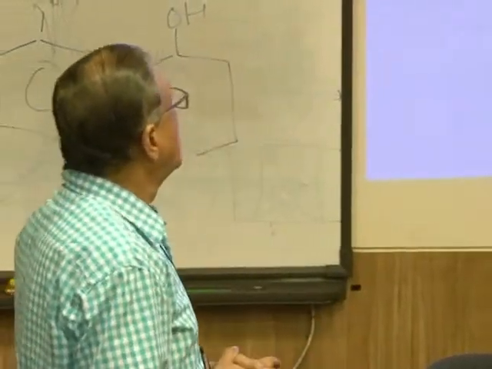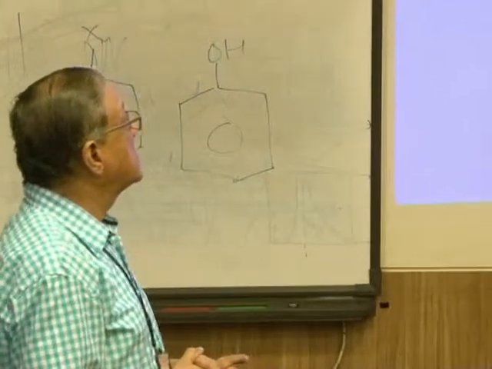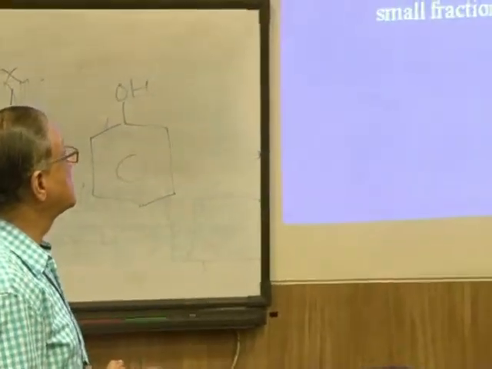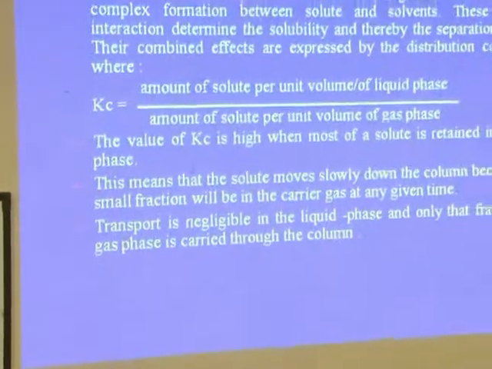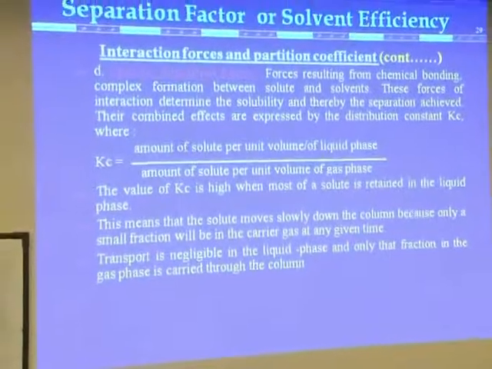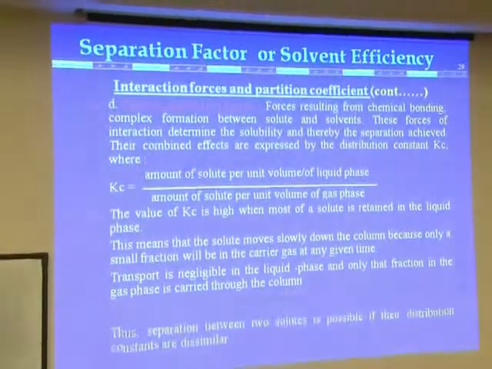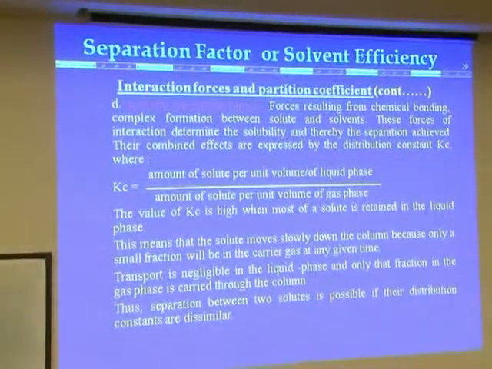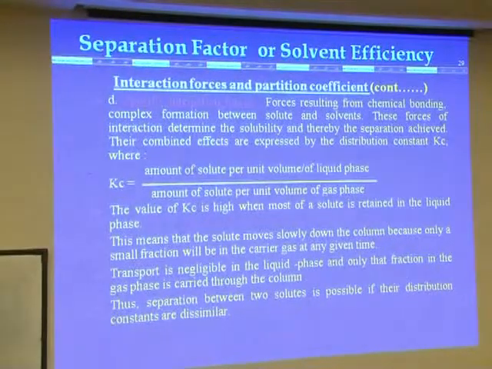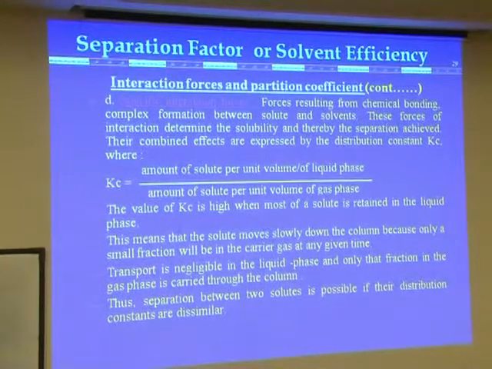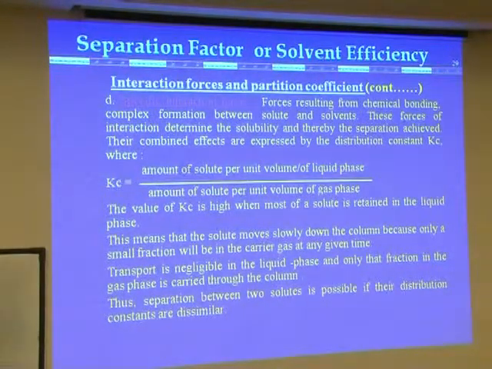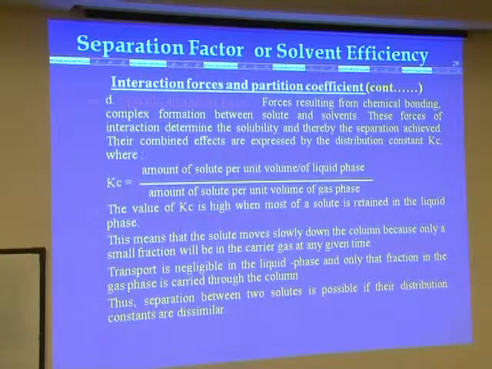And this Kc, which is the distribution between the liquid phase and the mobile phase, as we know, transport is negligible in the liquid phase. We know that when the solute is in the liquid phase, it doesn't move ahead, and only that fraction in the gas phase is carried out. We have explained this earlier also.